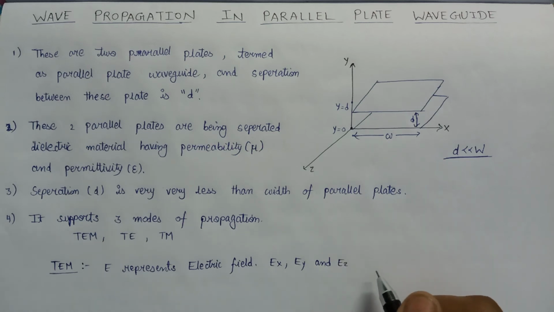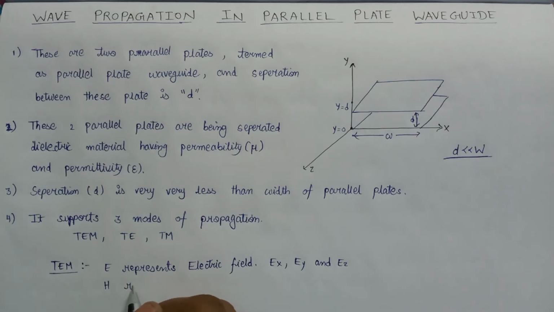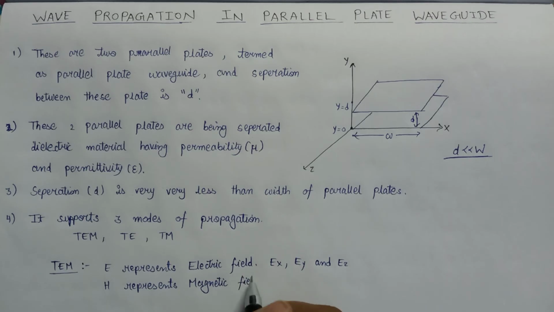In the rectangular coordinate system, it will have three components. Here there will also be a magnetic field, which is represented by H. And in rectangular coordinates, this magnetic field also has three components, that is Hx, Hy and Hz. These are the three components of the magnetic field.